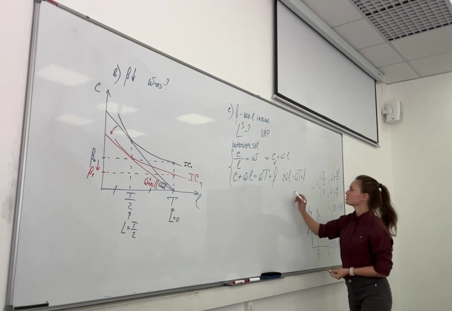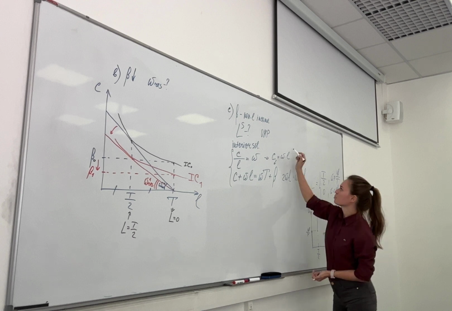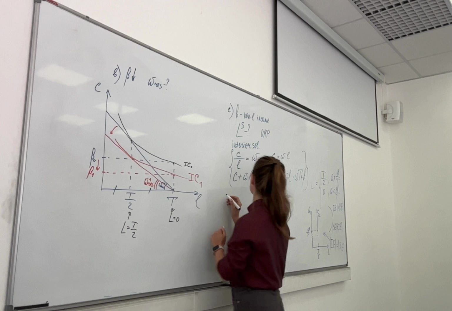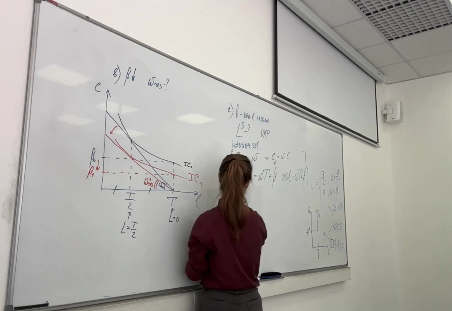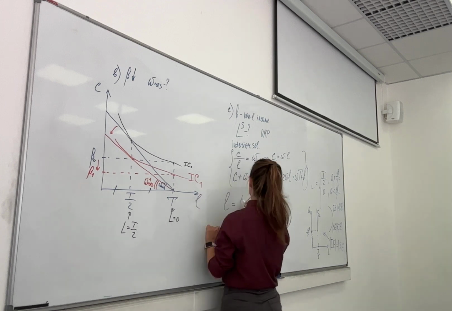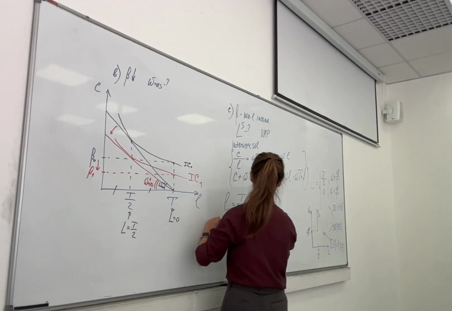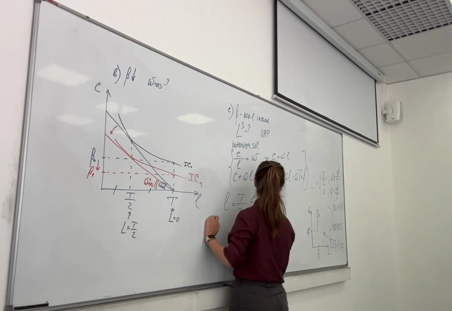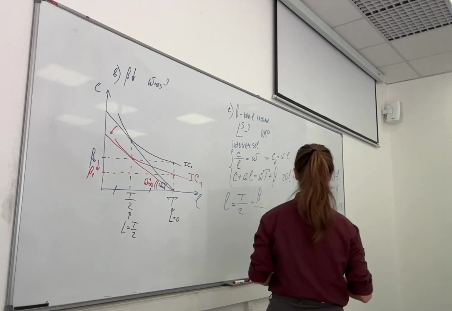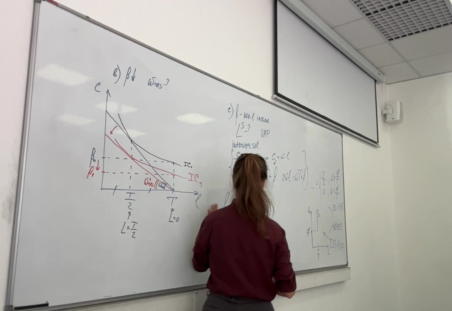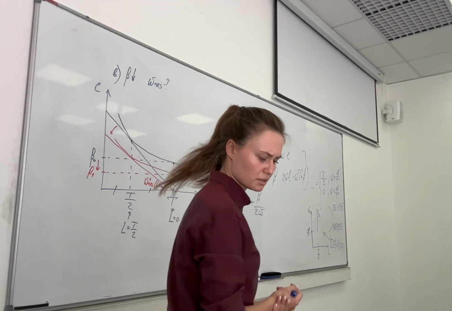So leisure, this is a system. Then leisure equals T over 2 plus beta over 2 wage. Am I right? Check, please.